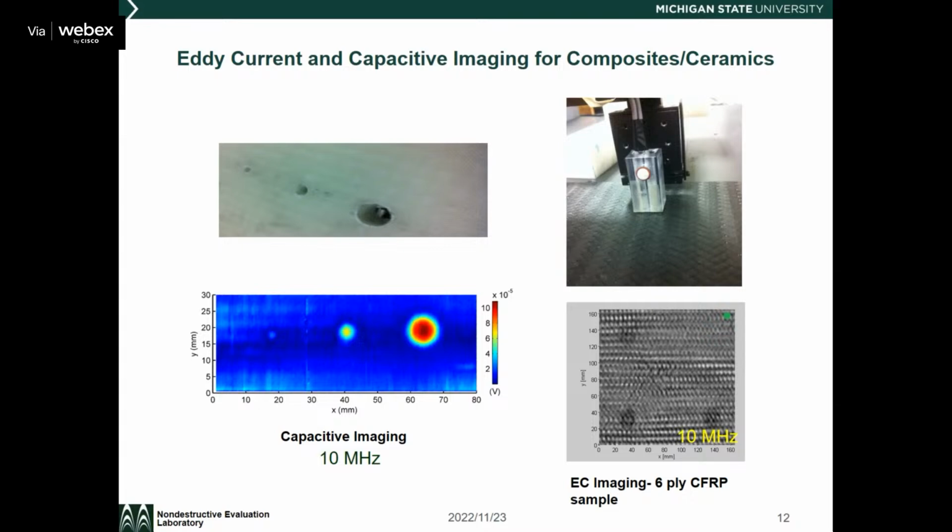But for NDE people, we call this a high frequency probe, because usually when we talk about eddy current capacitive, we are mostly dealing with the kilohertz range. So megahertz is actually high frequency to NDE people. But if I talk about communications, it's a low frequency. So that's something very interesting, that we have to make sure we know what audience we're talking about.